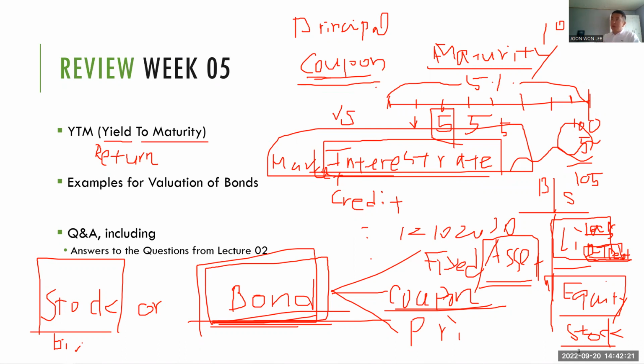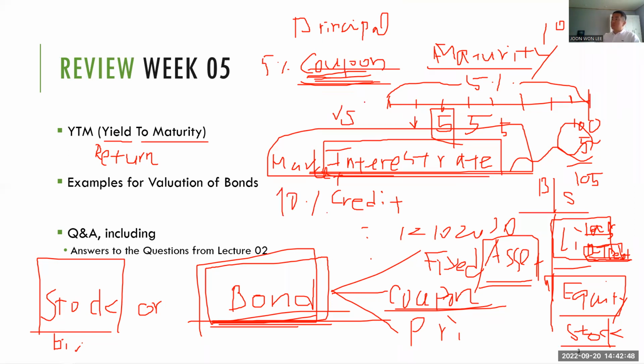Simply speaking, we first compare the market interest rate with the coupon rate. Let's say the coupon rate is 5% and the market interest rate is 10%.